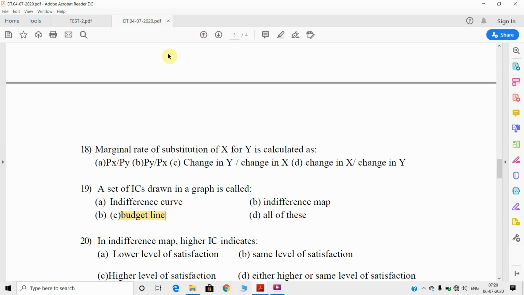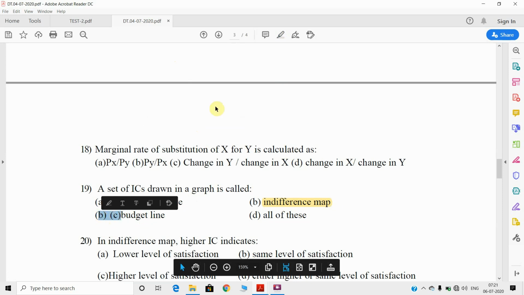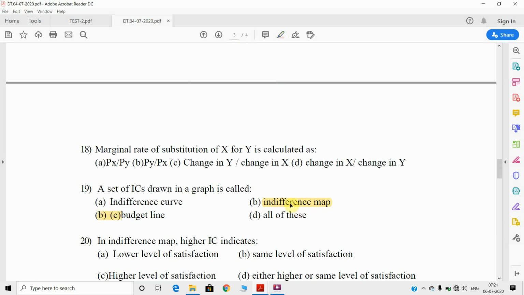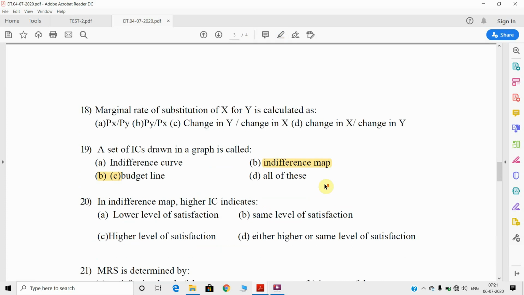The answer is also depicted wrong. A set of indifference curves drawn in a graph is called the indifference map. It is the right answer, but in your answer key it is mistakenly given as C. There is a typing mistake, right. So the answer will be the indifference map.